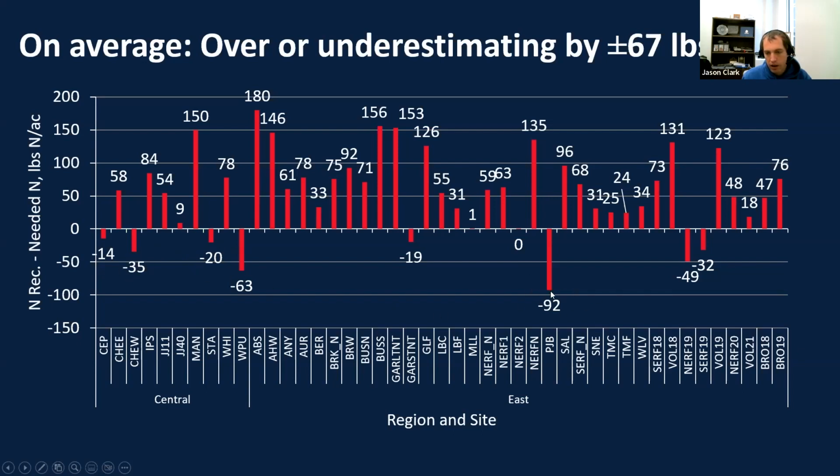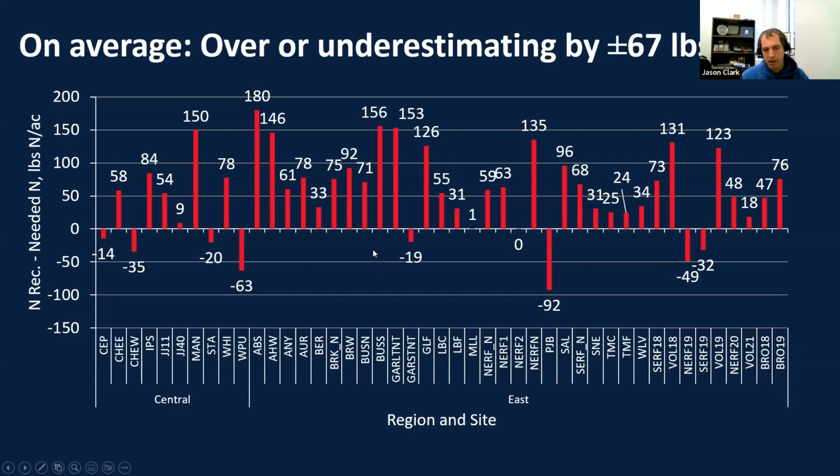This one over here was drought. So we tend to underestimate when we have drought issues because our yield is a little bit different than what we thought. So we're accurate by plus or minus 67, an average of 67 pounds of N per acre from 0.